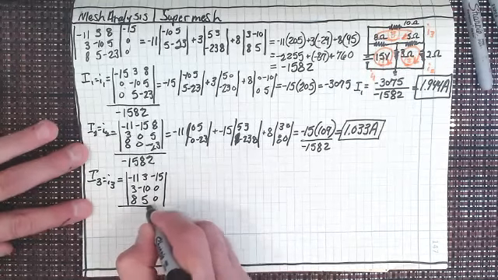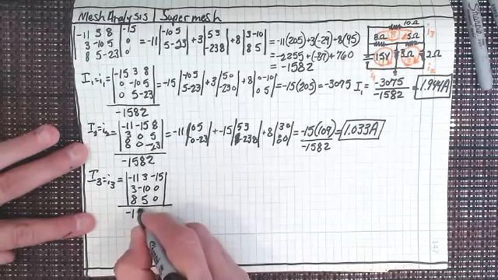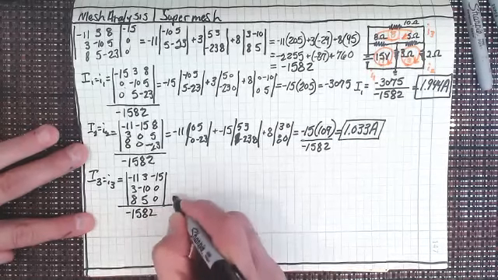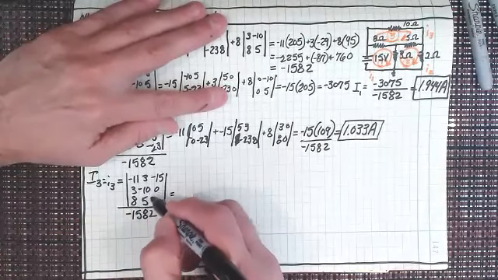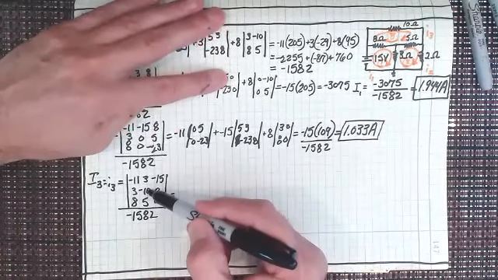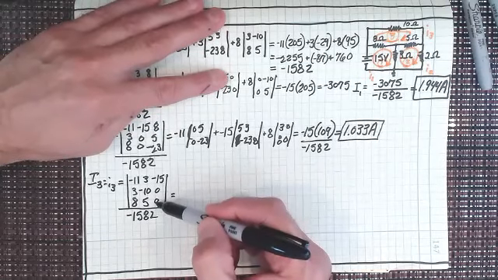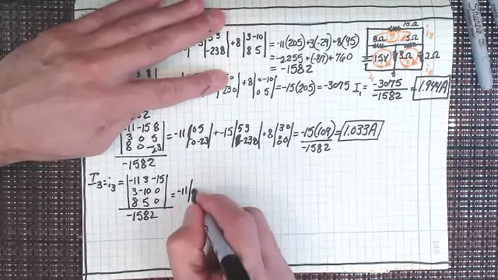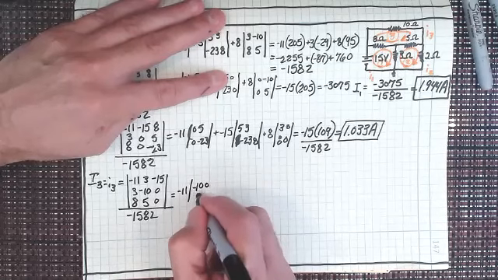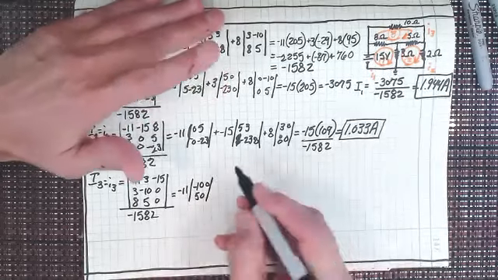And then all of that over the minus 1582 that we have at bottom. So 11, and I think by now everybody can see that if I have the two zeros there, it's going to be 0. I'm still going to do it. Minus 11 times minus 10, 0, 5, 0. It's going to be 0.